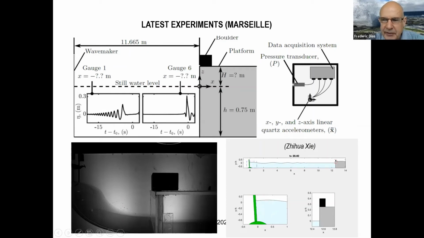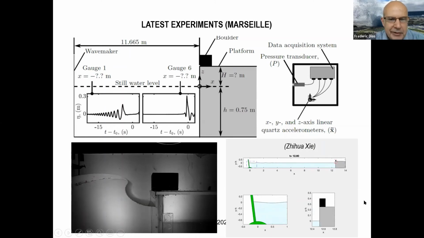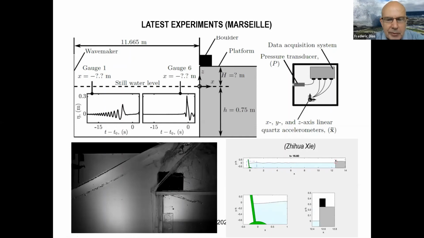And then that's the boulder that we put on top, which is what we call a smart boulder, because it has accelerometers inside and a pressure transducer. So then it's here, and then we create this wave. And if you look carefully, then you will see that the boulder has moved.